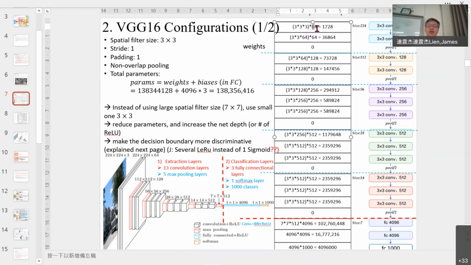However, previously in the first one you already have 64 maps. So your crossover filters is 64 channels. So your filter is 3 by 3 by 64 channels.